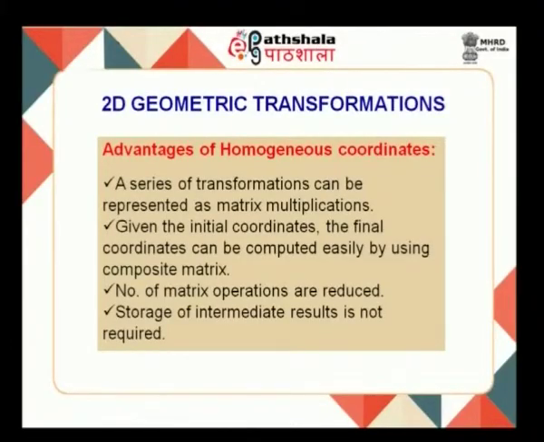Now, what is the advantage of converting coordinates from the Cartesian coordinate system to homogeneous coordinates? When we do the conversions, we will appreciate that better. So, let us see the advantages of the homogeneous coordinate system. Whenever you have a complex problem to solve, the general idea is to convert the current data into some other domain, perform all our calculations in that domain, and then get back to the original domain.